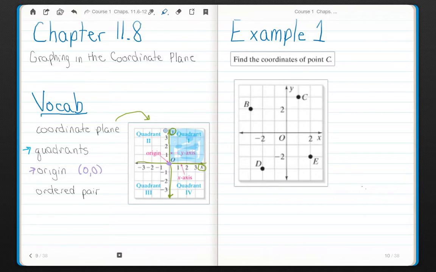All of this over here is quadrant 2. This is quadrant 3. And over here we have quadrant 4. And you'll notice that they're written in Roman numerals. So let's clear some of this off a little bit.